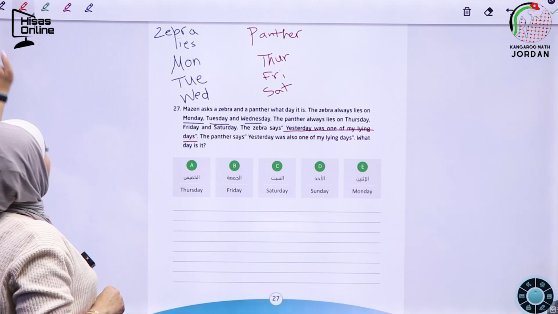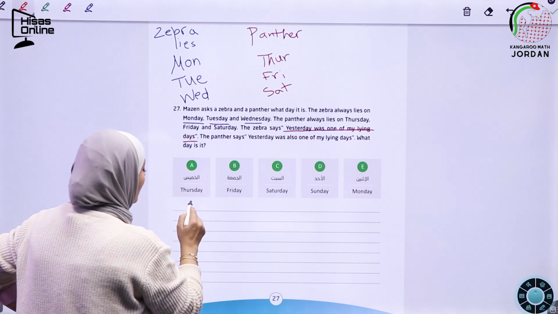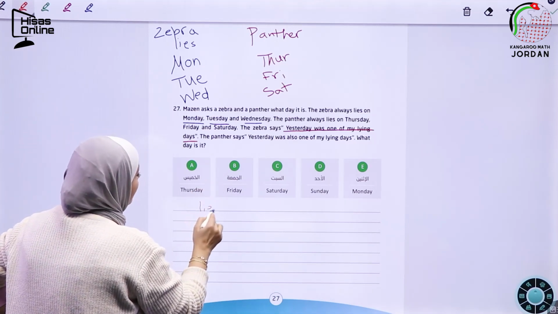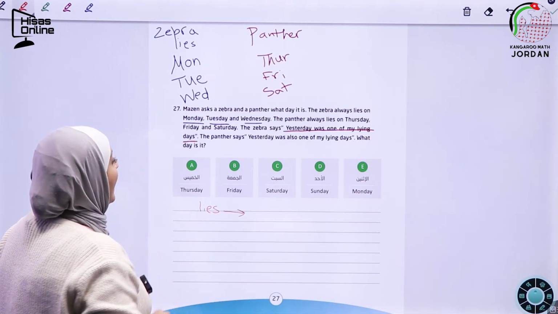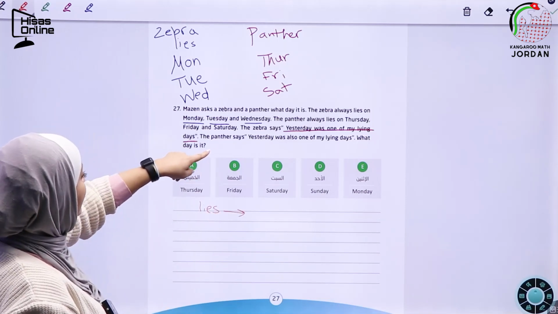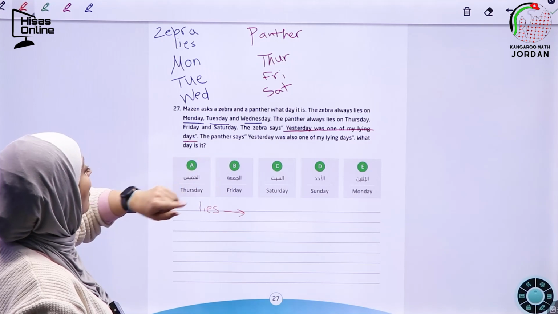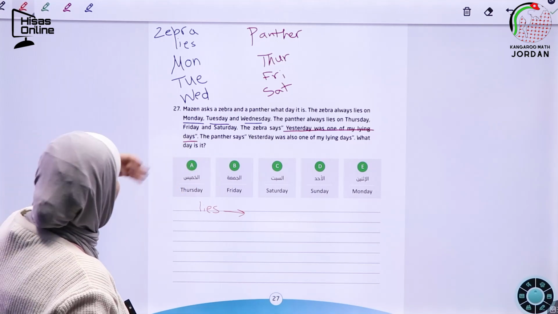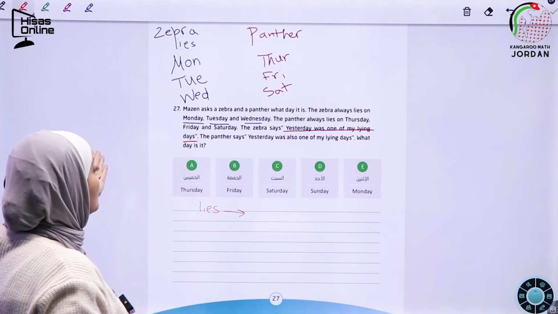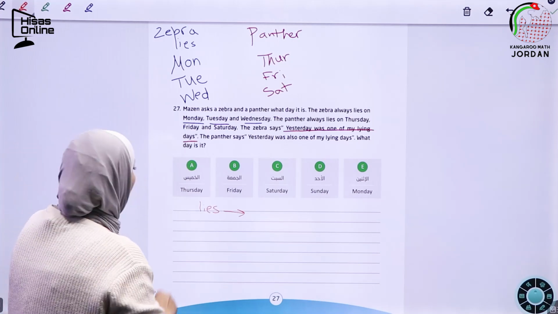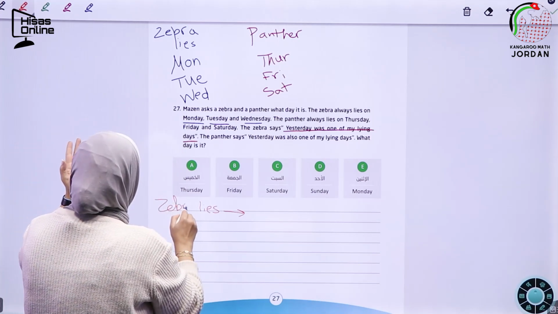If I discuss this case as a zebra, if it lies and says yesterday was one of my lying days, then if she lies, it means yesterday was one of her truth days, right?